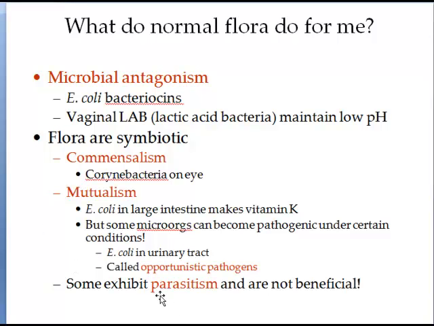Another kind of relationship is parasitism. Parasitism is when one organism benefits by deriving nutrients at the expense of the other. This relationship will cause many diseases because many bacteria can be parasites.